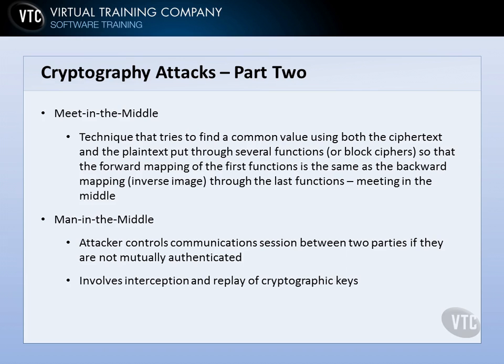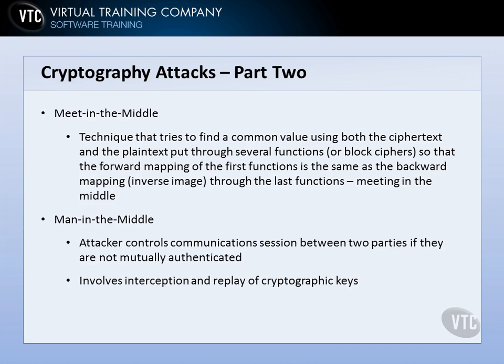Another common attack that you're probably already aware of is the man-in-the-middle attack. This is basically where an attacker controls a communication session between any two parties that are communicating if they have not been mutually authenticated. In other words, each party has not confirmed the identity of the other party. Maybe only one party has. We see that a lot in SSL. For example, when you're trying to buy something from Amazon.com or some other online merchant, the server is typically authenticated to the client because you want to make sure that you're giving your credit card information to the correct server.